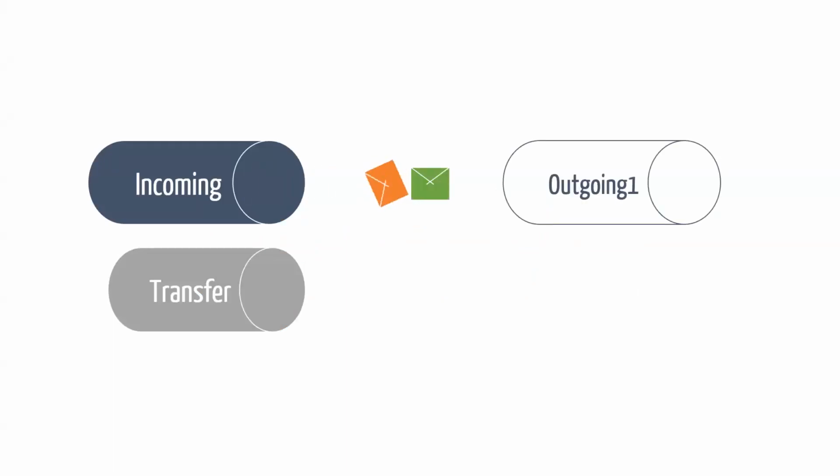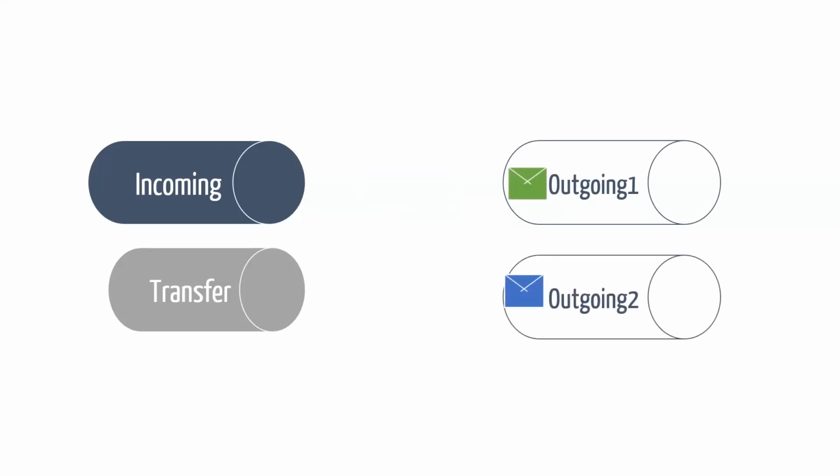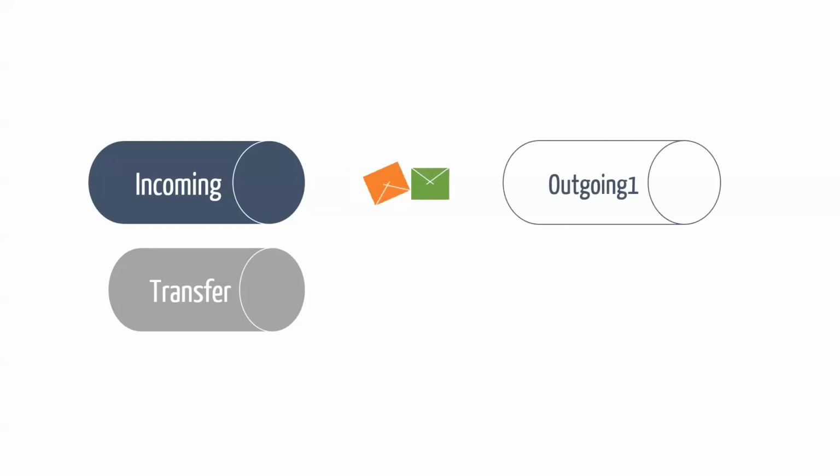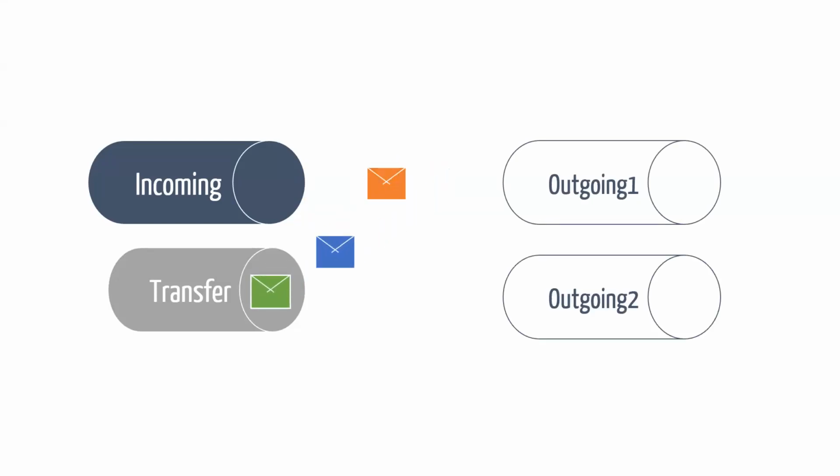With send via enabled, what's going to happen is when there's an incoming message, the messages that you're sending out will be associated with the incoming message and sent to a transfer queue, and only when the incoming message is successfully completed will the outgoing messages go out.